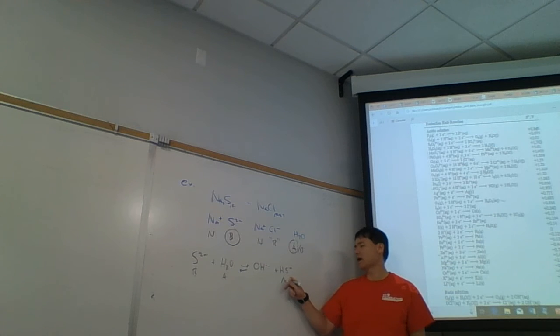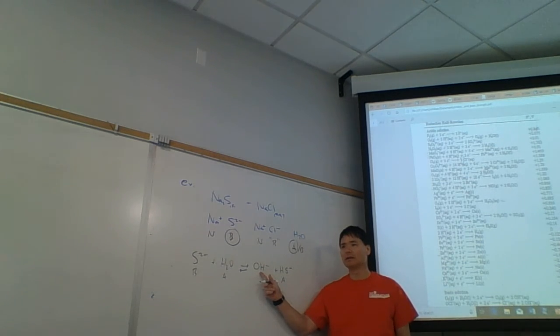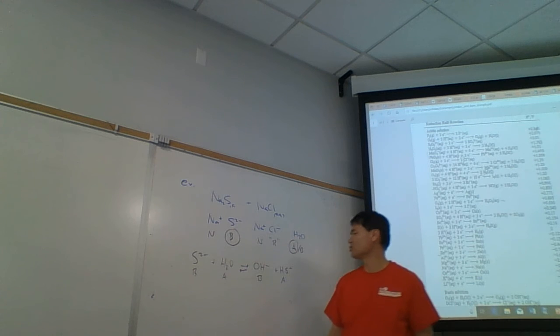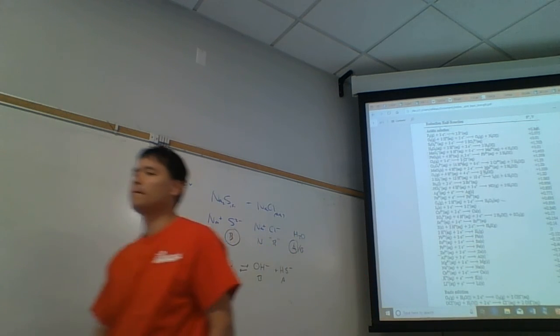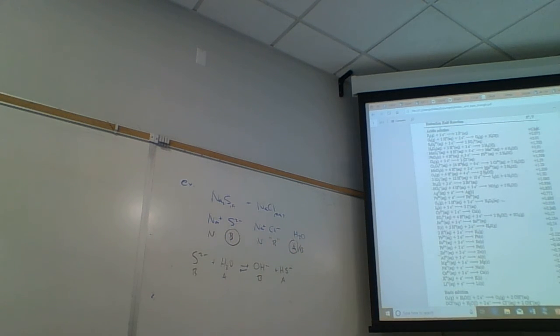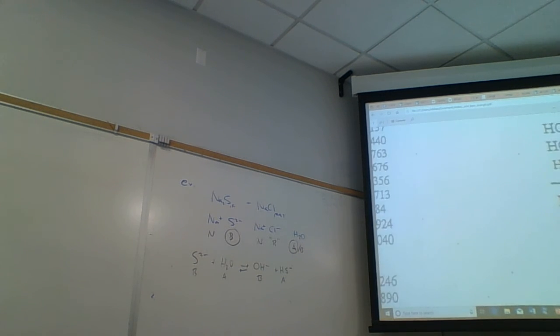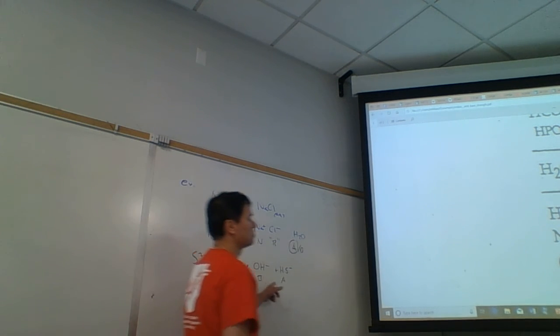If it loses, it's the acid. Hydroxide gains. That's our base. Okay, then we look at the chart and tell me, do we have driving force? So, take a look at the chart over here. Which one's a stronger acid? H2O or HS minus?